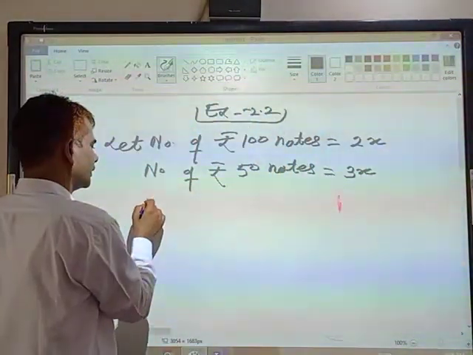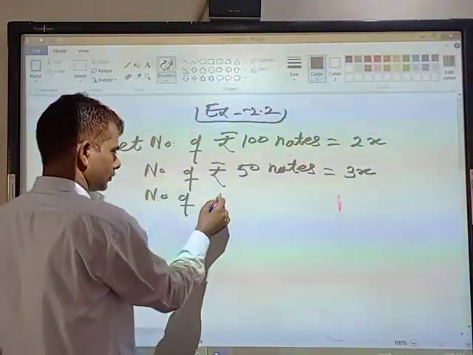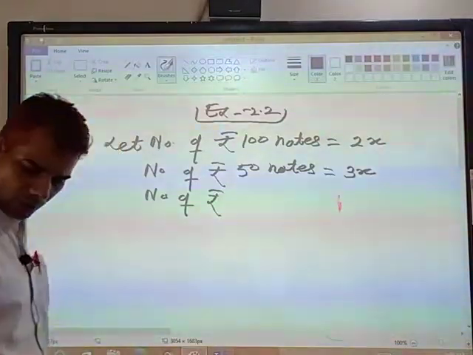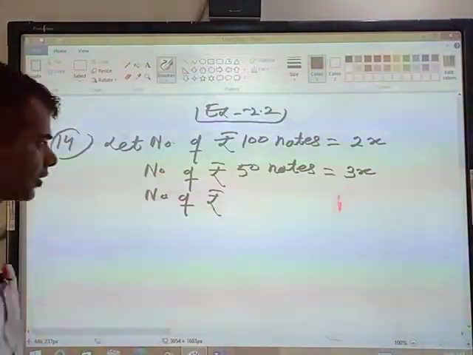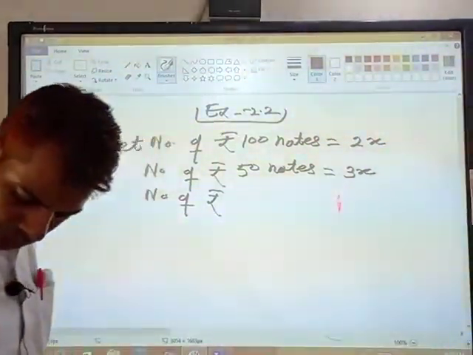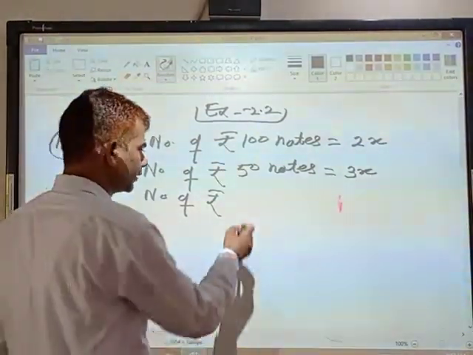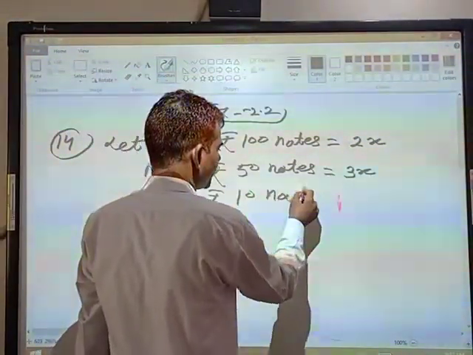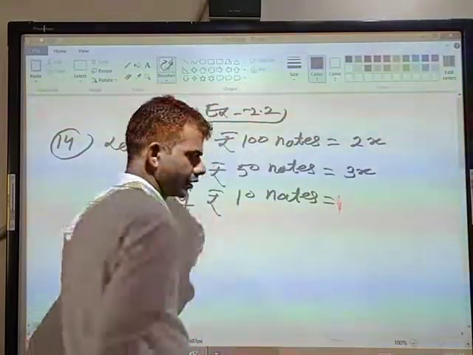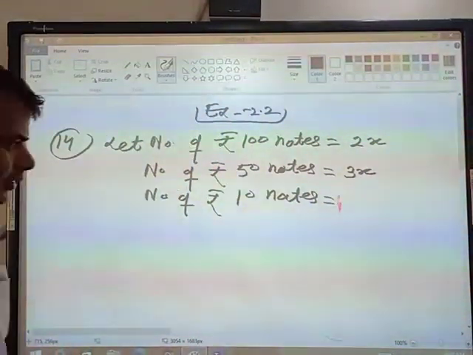And the number of 10 rupees notes will be, please tell me, 5x.